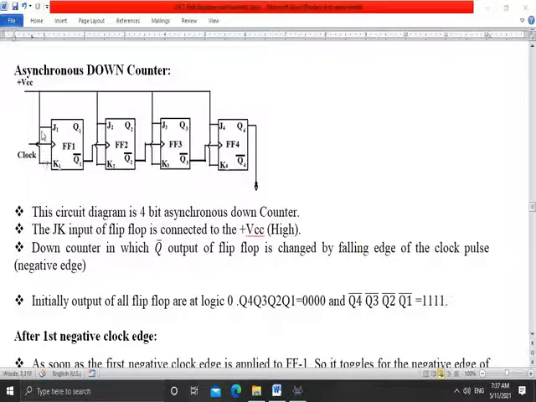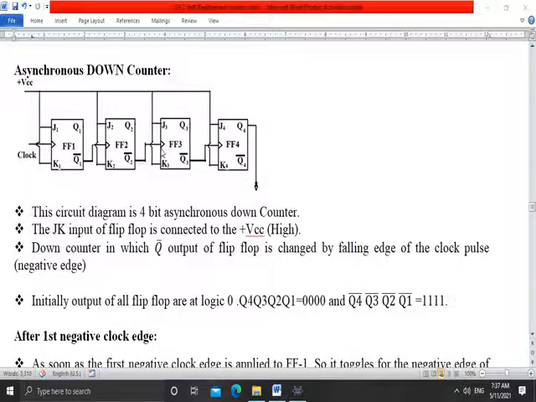Here the J and K inputs of all the flip-flops are connected to a common input known as VCC. In this down counter, the clock is applied only to the first flip-flop, whereas the clock input for flip-flop 2 is nothing but the Q bar output of flip-flop 1.